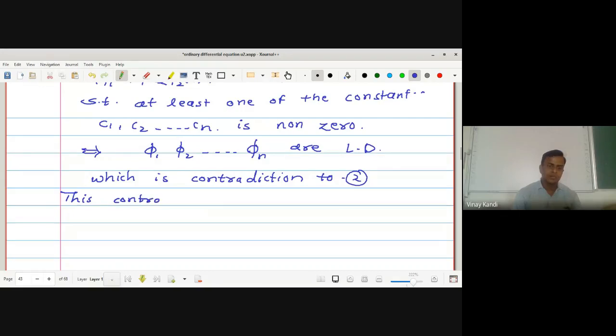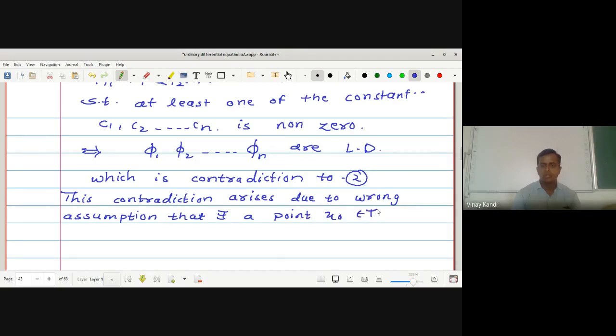This contradiction arises due to the wrong assumption that there exists a point x naught belongs to I such that the Wronskian of phi 1, phi 2 up to phi n at point x naught is equal to 0. Okay. Because of making this assumption, we get this contradiction.